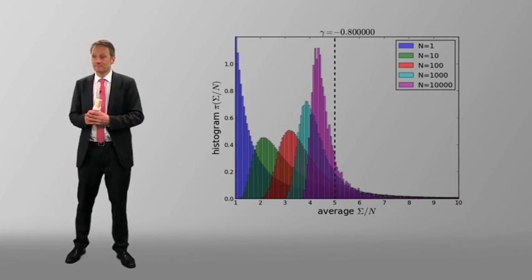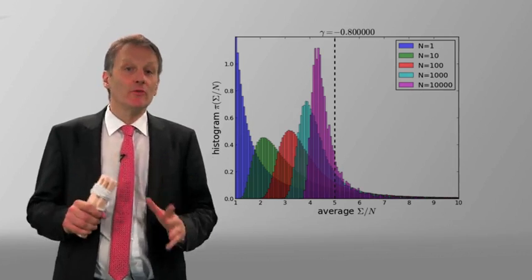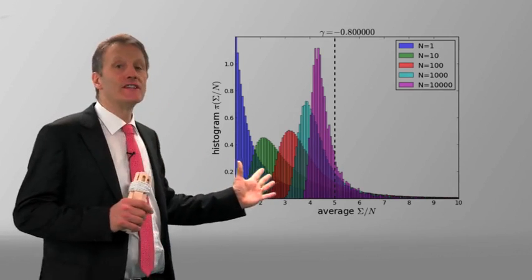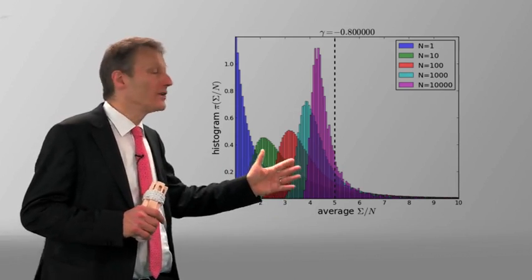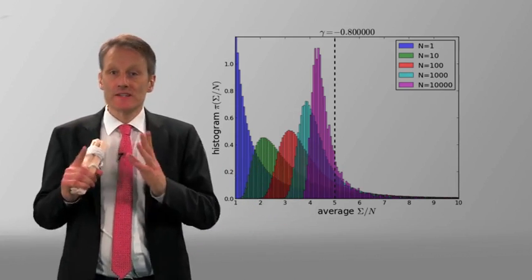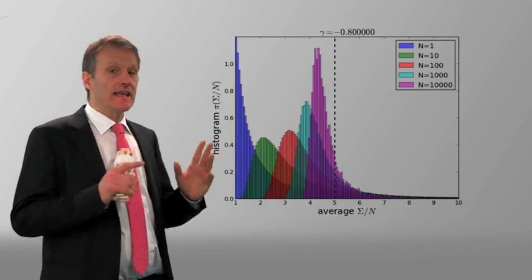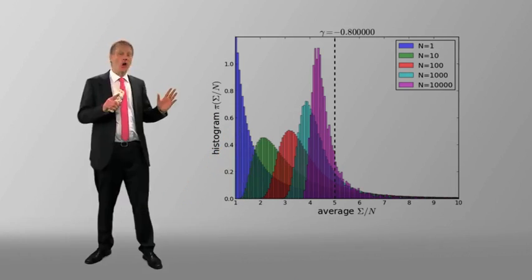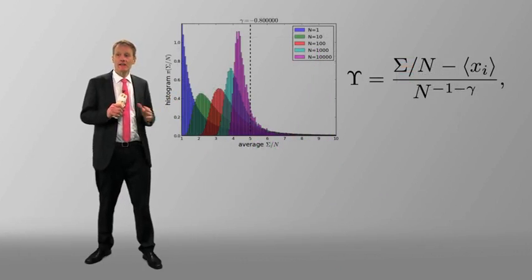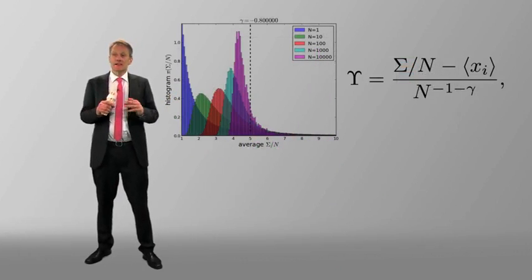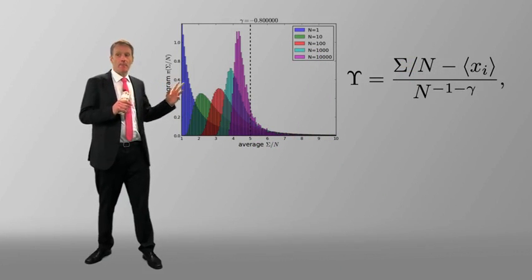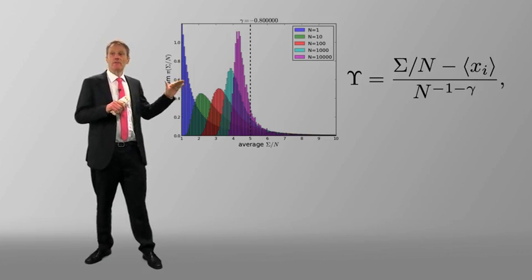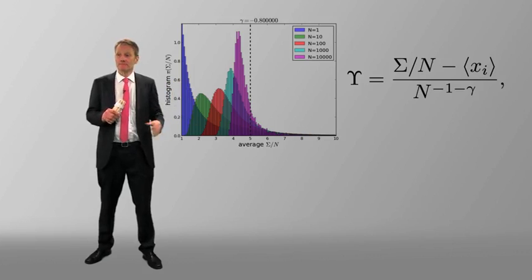So finally, let me give you, without justification, a way to rescale all these curves onto one universal curve. So this rescaling is the following. Instead of considering the probability distribution of sigma over n, we consider sigma over n minus the mean value, divided by n to the minus 1 minus gamma.